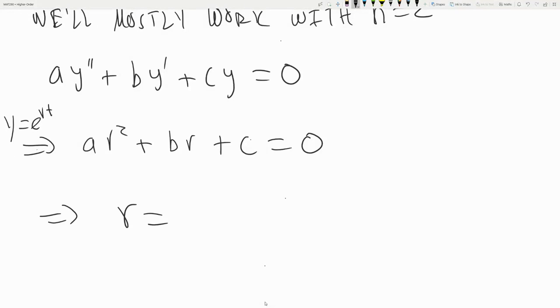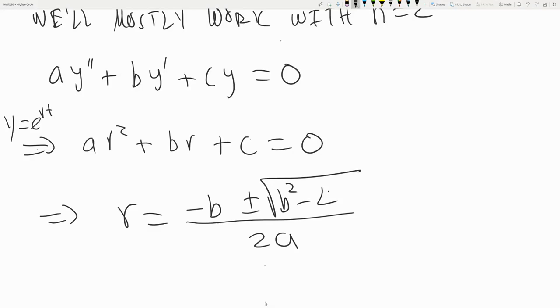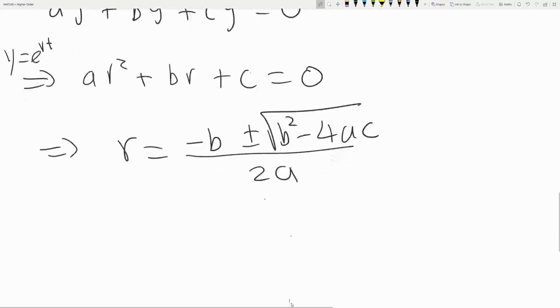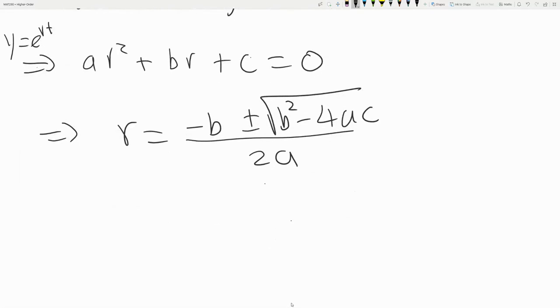So the solution is r equals minus b plus or minus the square root of b squared minus 4ac, over 2a. And so the solution would be c_1 e^(r_- t) and c_2 e^(r_+ t).